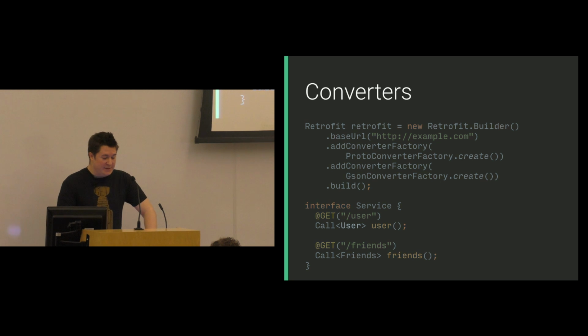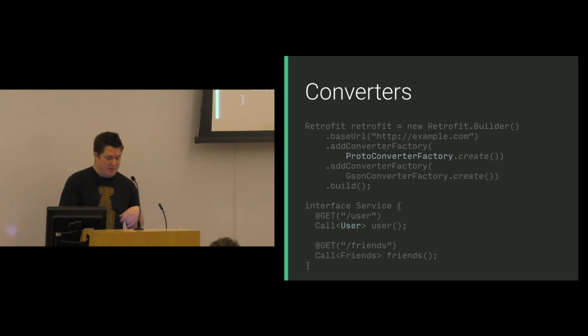Basically, the first time you call the user method, it's going to look at the type that you want. In this case, we're calling the user one, and user was the proto, if you don't remember. It's just going to go down the list, and these converters have a mechanism for saying whether or not they can handle a type.